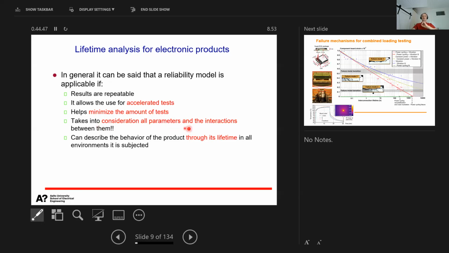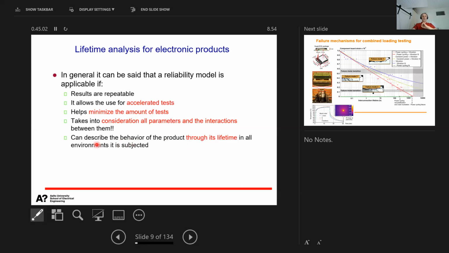So it should basically consider the parameters and the interaction between different parameters. In the next slide, I have an example on that. I'll try to clarify this issue with the next slide.